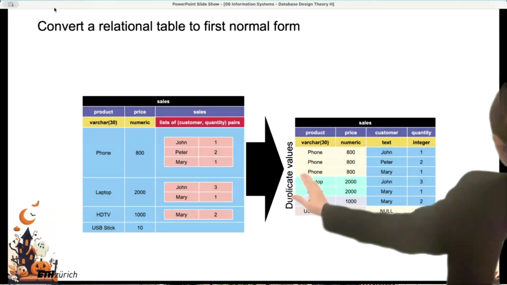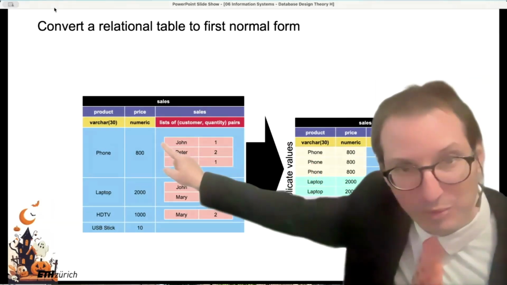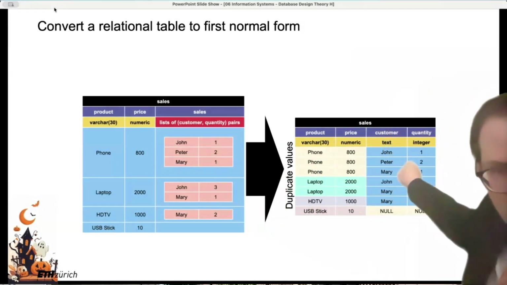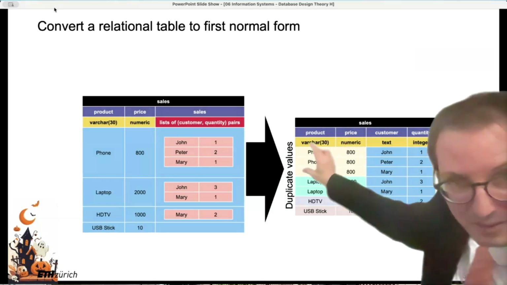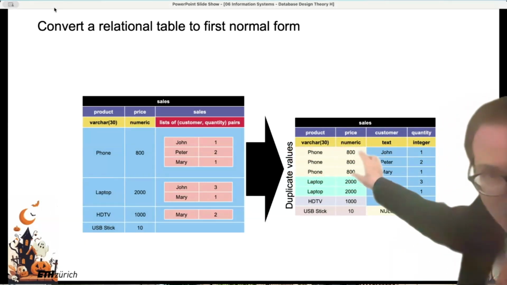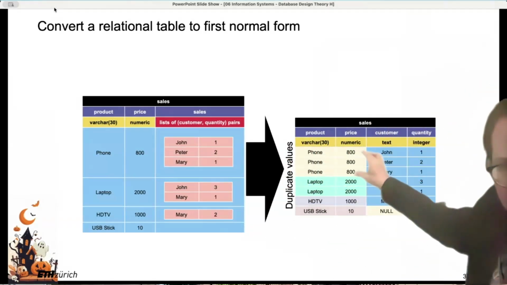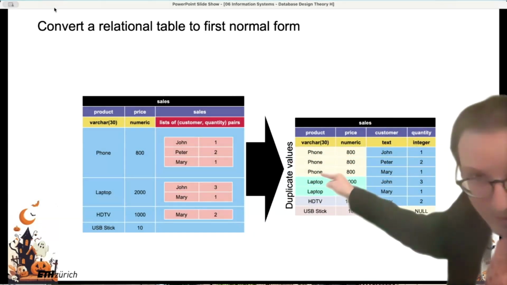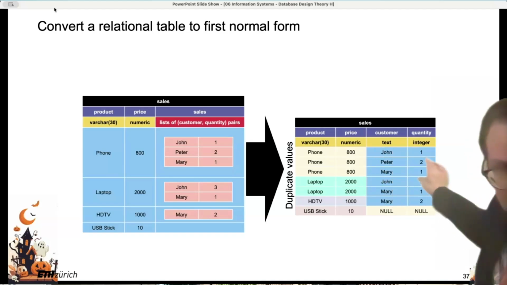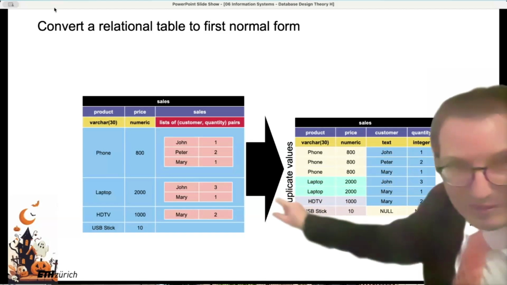I can do this. How did I do it? So I have, you see, John 1, Peter 2, Mary 1. But here, I just duplicate it. You see phone 800, it appears only once here. I had to duplicate it. And now I have 3 records where I duplicate this and then use this. Then I duplicate this.